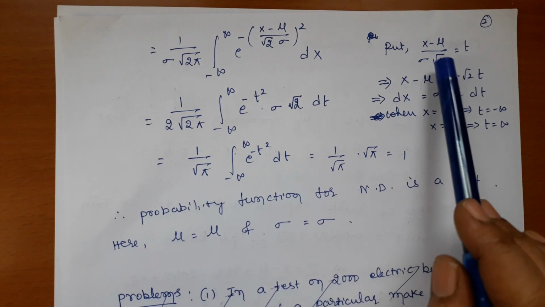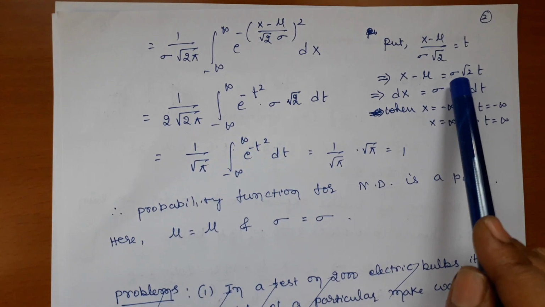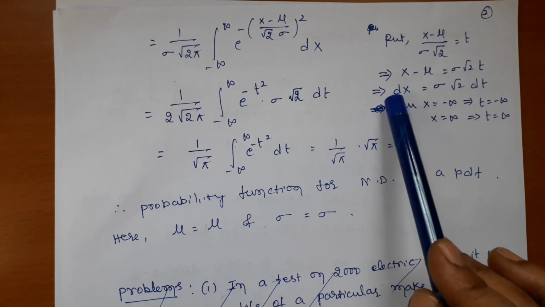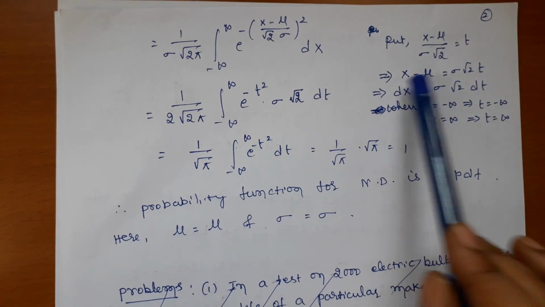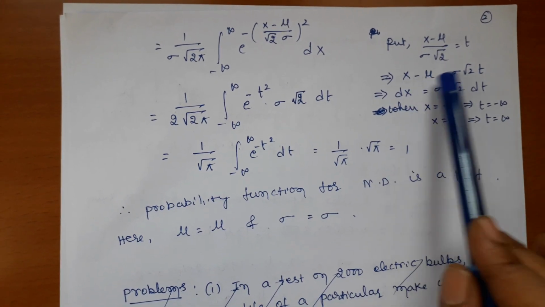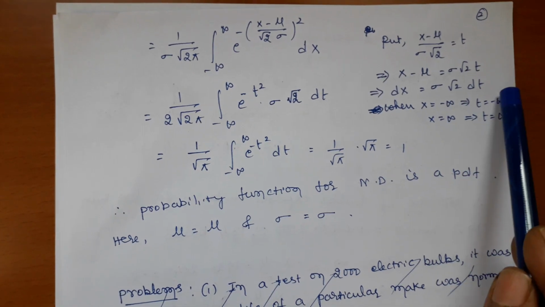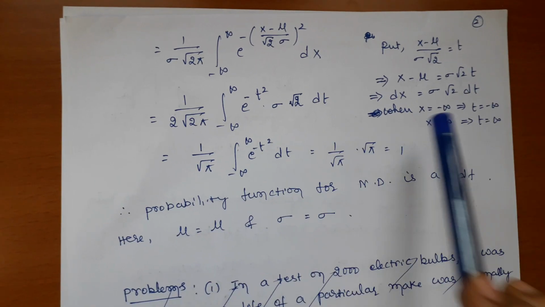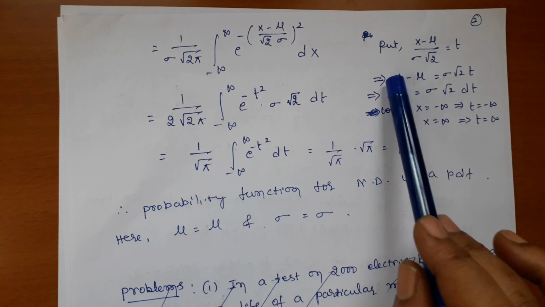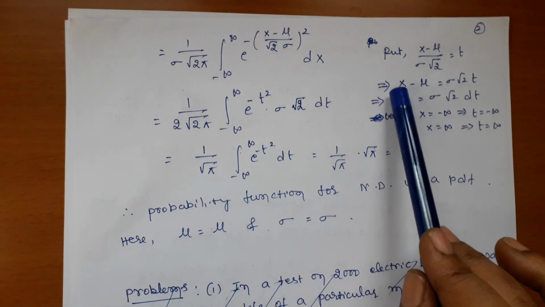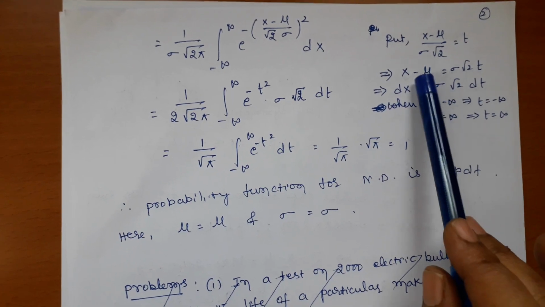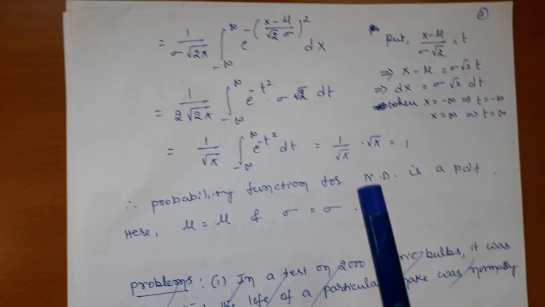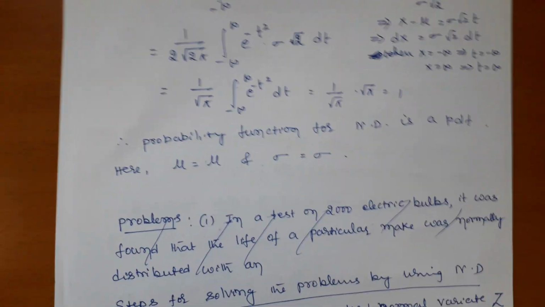From that, x minus mu equals sigma into root 2 t, by cross multiplication. Now dx is sigma into root 2 into dt, with respect to t only, since mu and sigma are constants. When x is minus infinity, t is also minus infinity, because minus infinity minus a constant is minus infinity. When x is infinity, t is infinity, because infinity is a very large value.